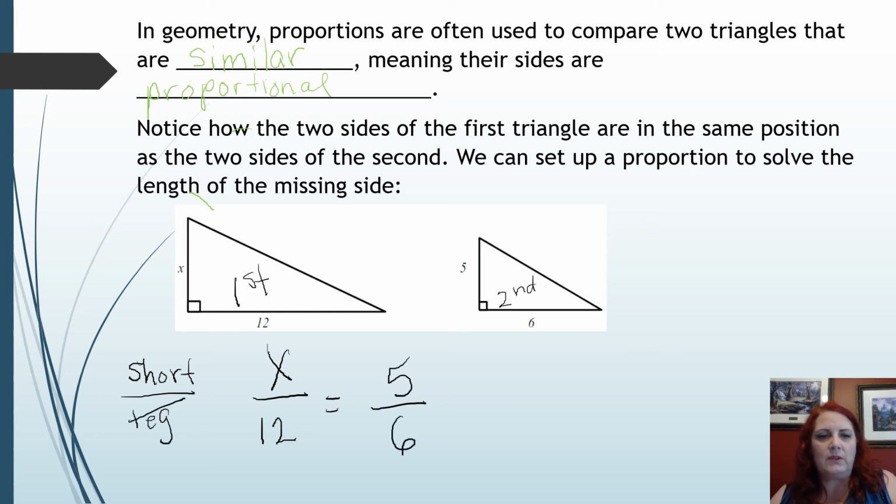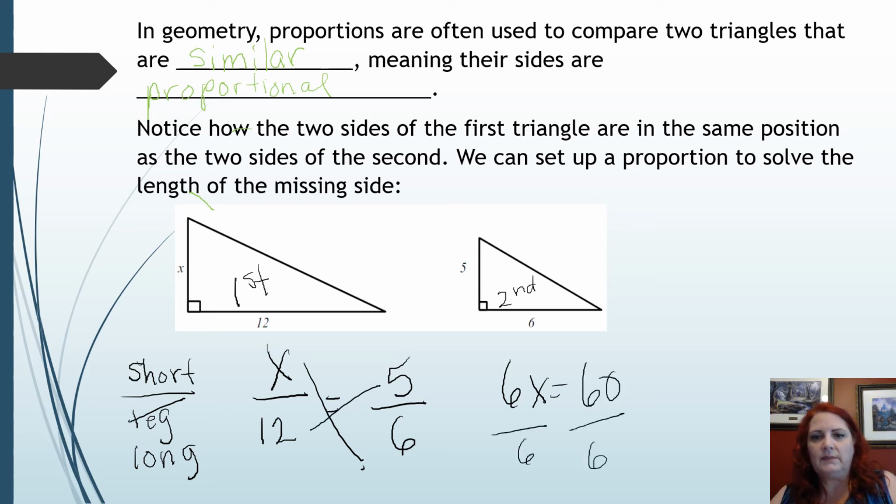I should have written short to long. Then I can use the proportions. So I'm going to do cross products. x times 6 is 6x, and 12 times 5 is 60, and I'll divide by 6, and x is equal to 10.